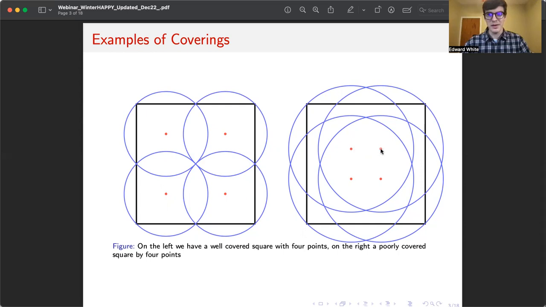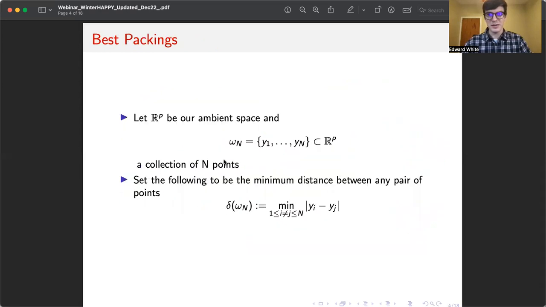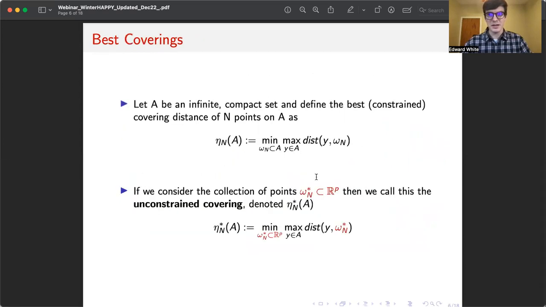So omega 1, or I guess y1, y2, y3, y4 to make omega 4. And we see that the distant points of A are the corners of the square. These are the points that are farthest away from all the configuration points. And by moving the points of my configuration closer to those corners, those distant points y in A, I get a more optimal covering. So that's the argument of how this optimal covering is working.